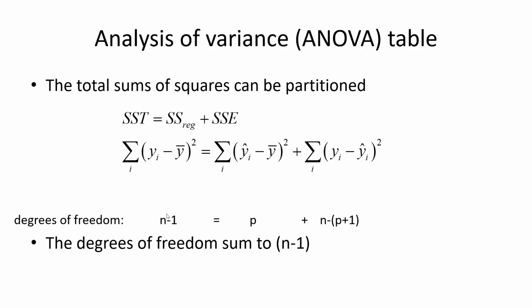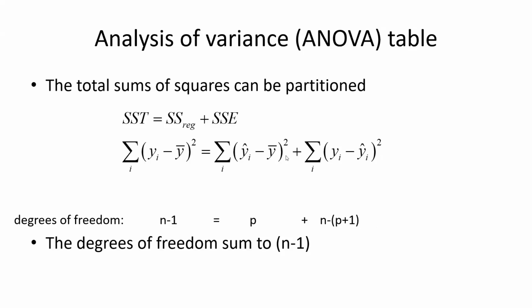And it turns out that the degrees of freedom can also be partitioned. Here we have n-1 degrees of freedom because we have to estimate the overall mean. We're losing one parameter, so we have n-1 degrees of freedom. For the residuals, we know that we lose p plus 1 degrees of freedom, because we have p betas and then beta 0.